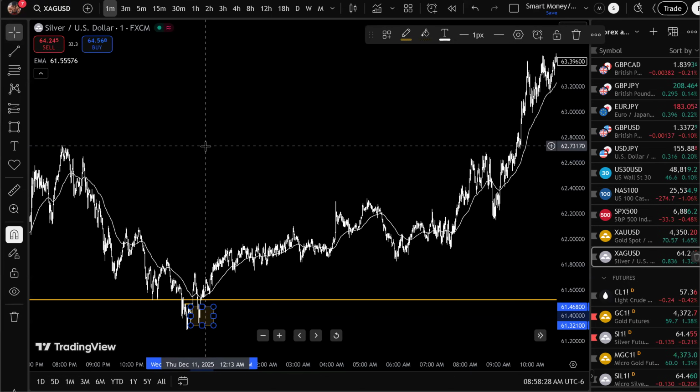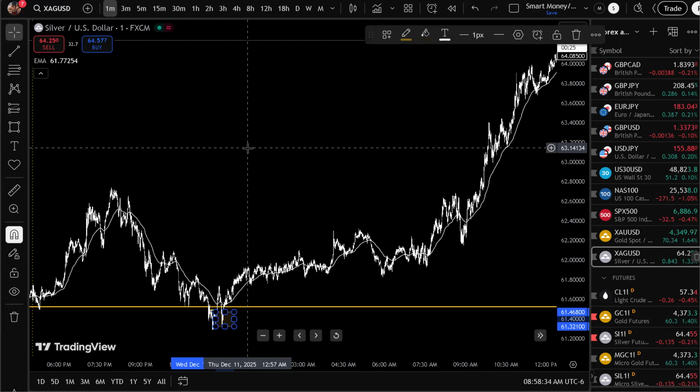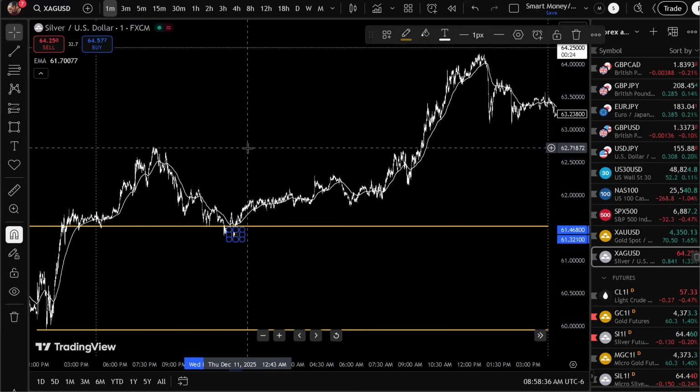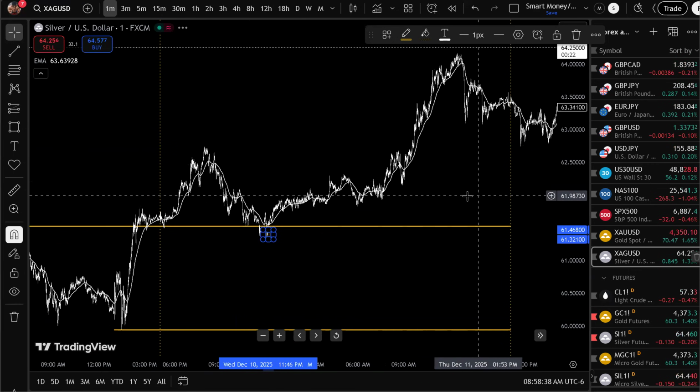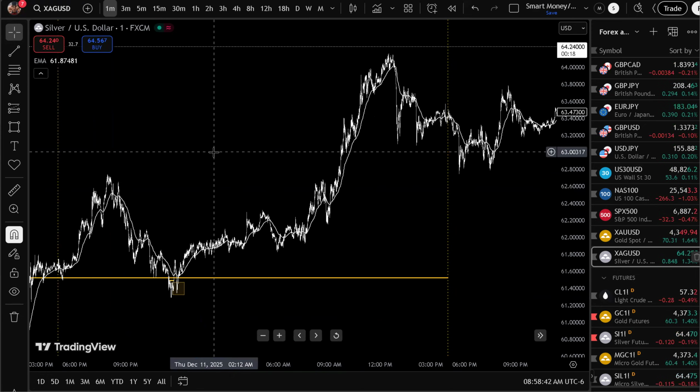That's almost 140 pips on silver. Silver pays very, very well in Forex and in futures. All right, y'all see that? Powerful. The same thing. Make this as simple as possible.